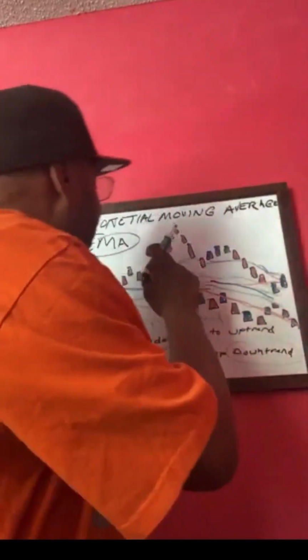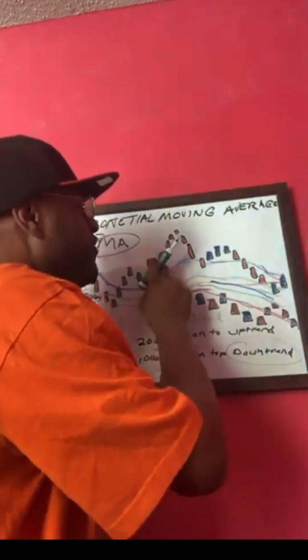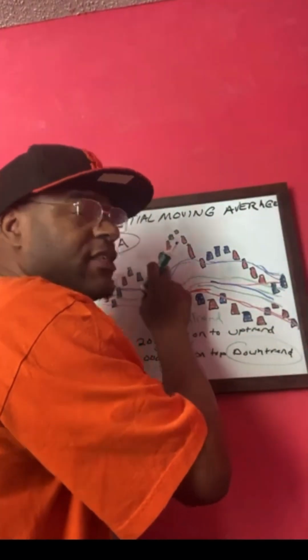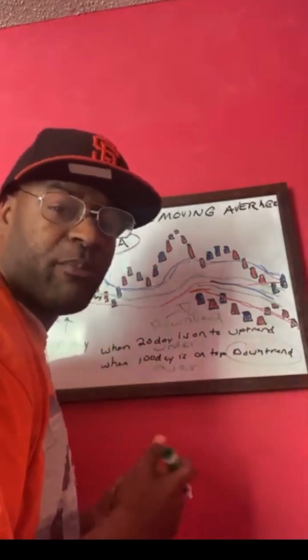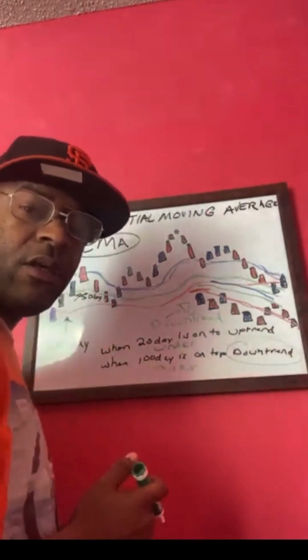So it's going to help you determine what price is doing, in addition to you looking at price itself. So in addition to you looking at these candlesticks, you now have a plus. So think of indicators as a plus.